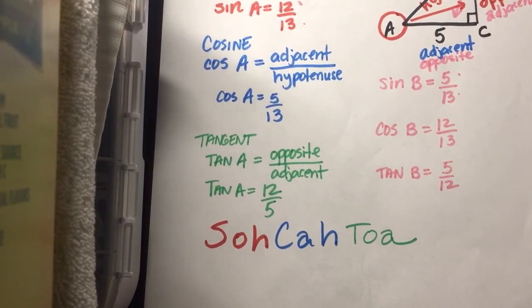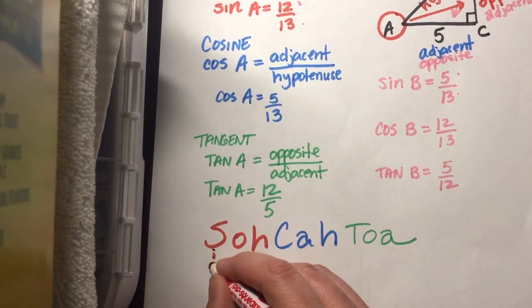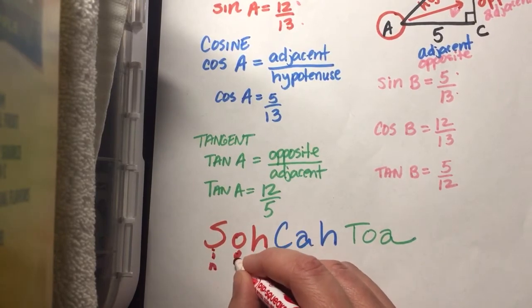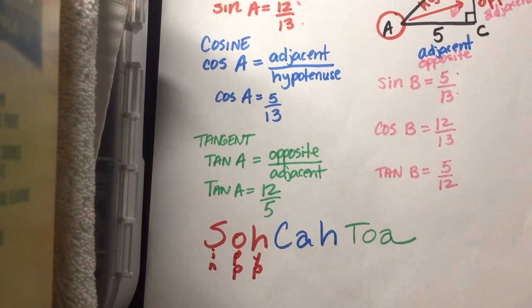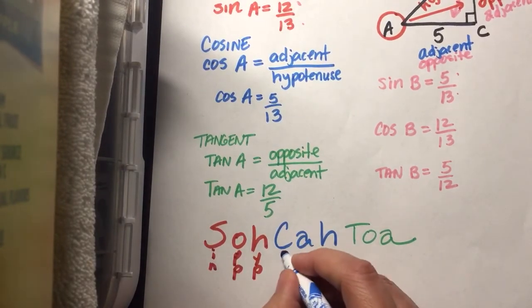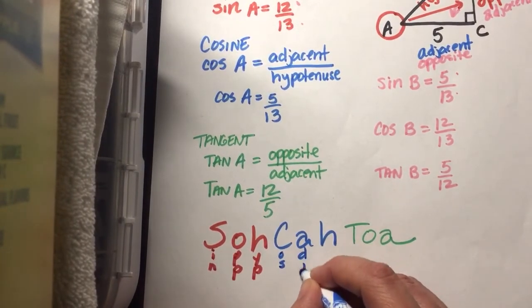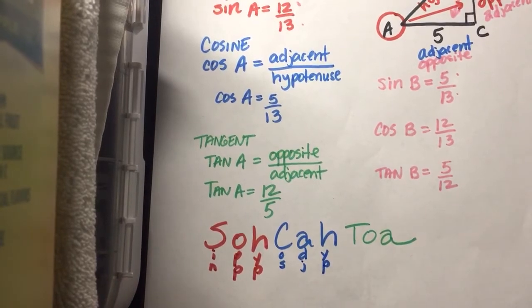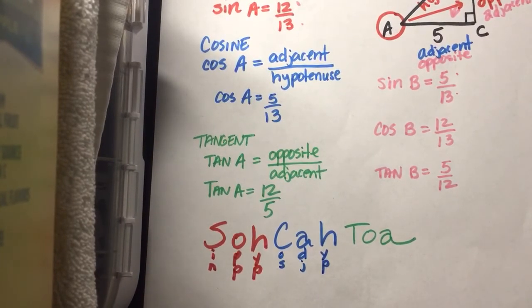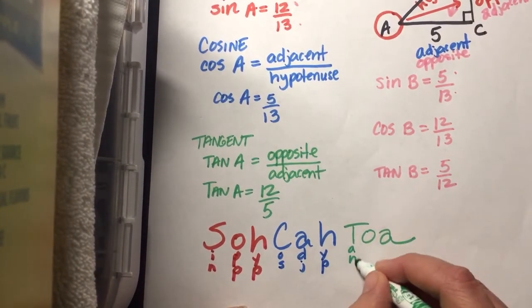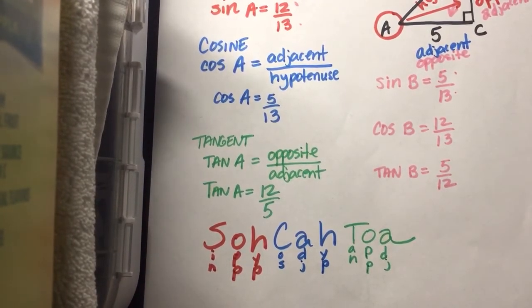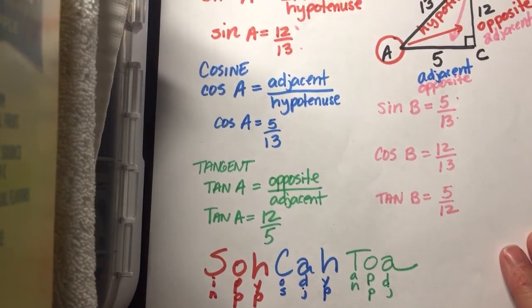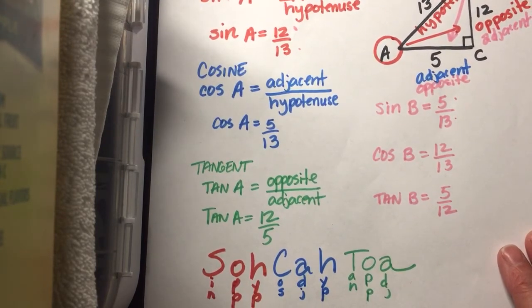Well, it tells you sine is opposite over hypotenuse. Cosine is adjacent over hypotenuse. And tangent is opposite over adjacent. So if you can remember SohCahToa, that will help you remember which function has which relationship.